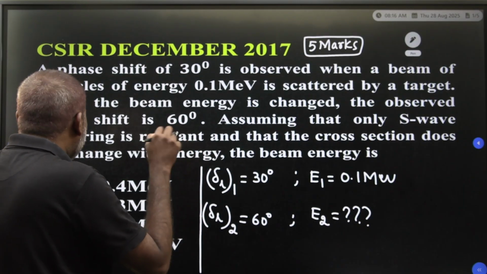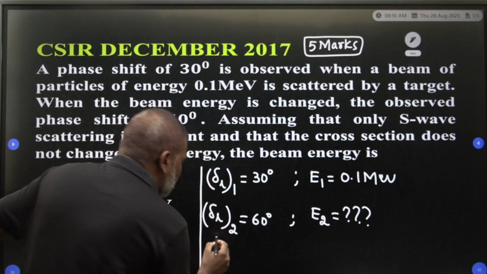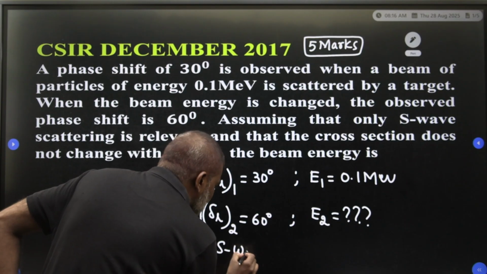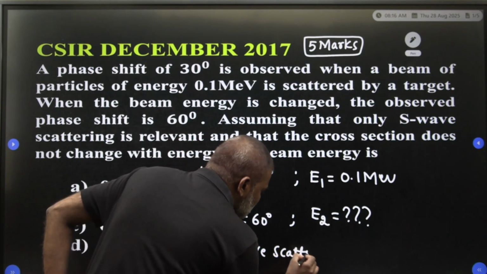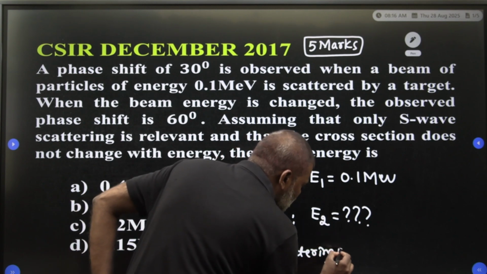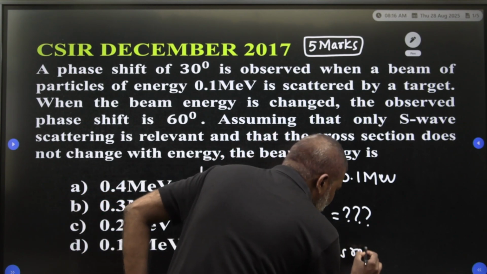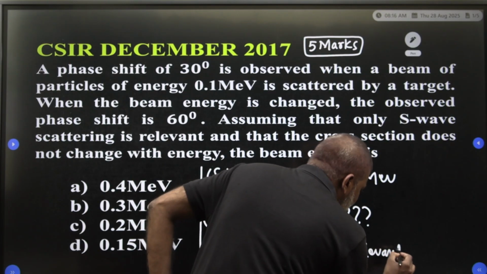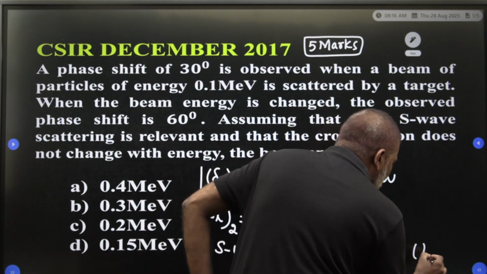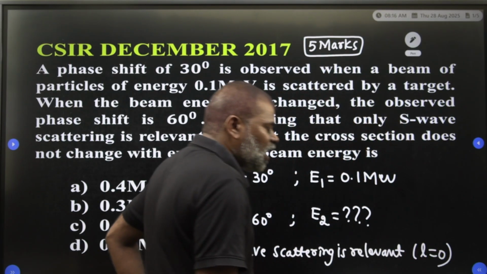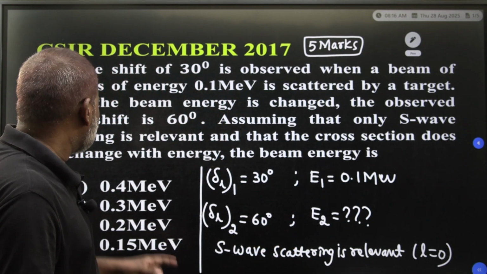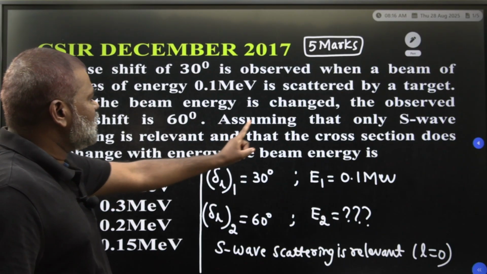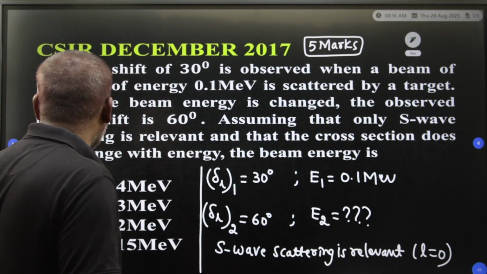Assuming that only S wave scattering is relevant. S wave scattering is relevant means the orbital angular momentum quantum number is equal to 0, right? And so the cross section does not change.